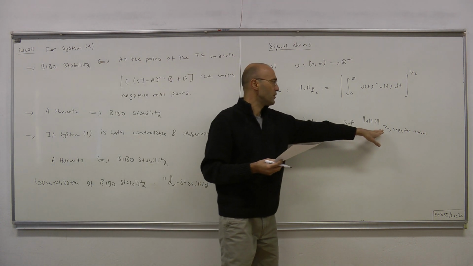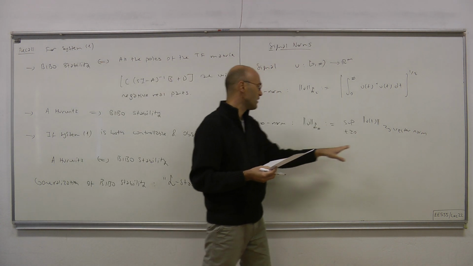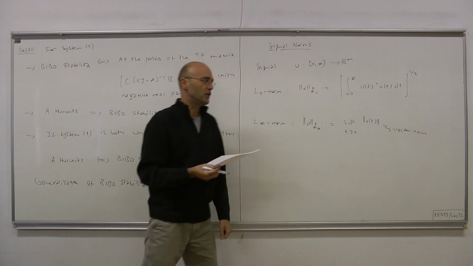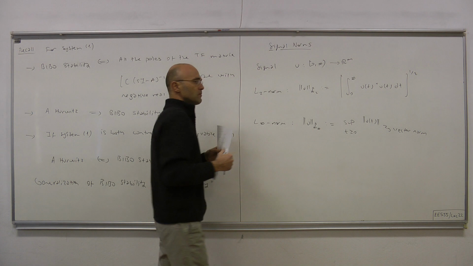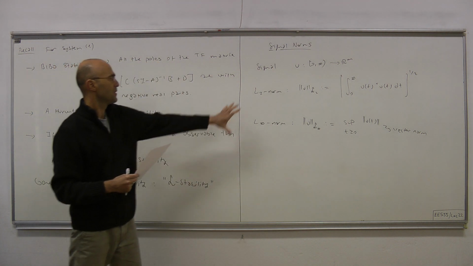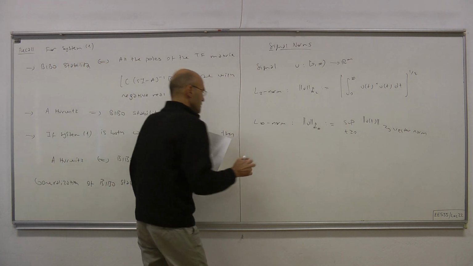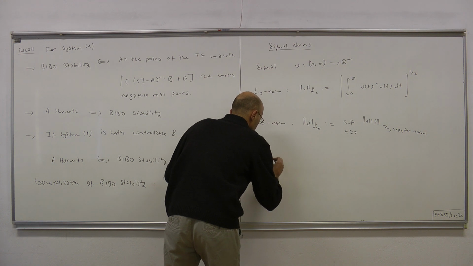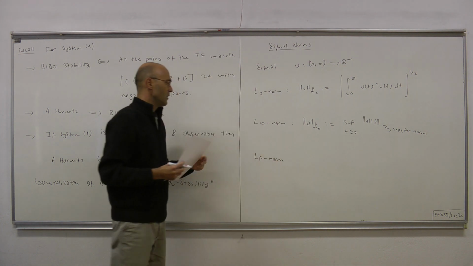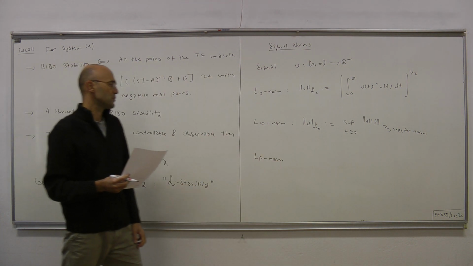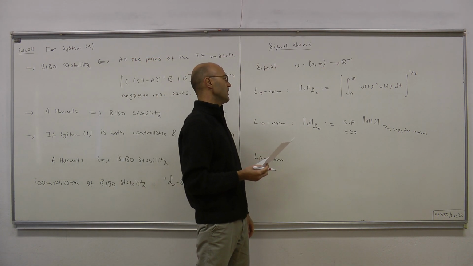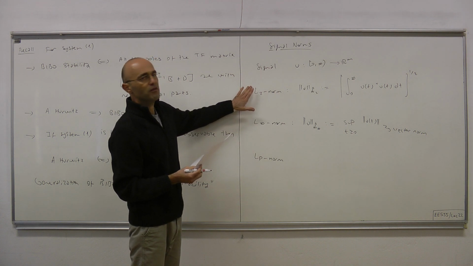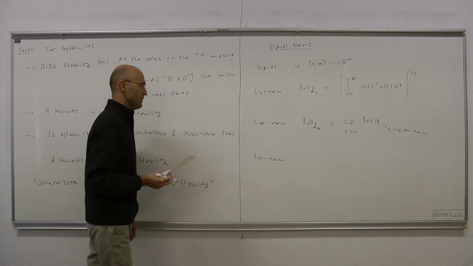And clearly, depending on which vector norm you choose to work with, you will have a different L infinity norm for your signal. And then the generalization of these definitions is what we call an Lp norm. I'm just going to put it down because it will not cost us anything to define it, but usually what we do is we work with either the L2 norm or the L infinity norm.